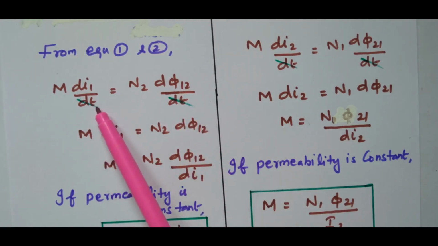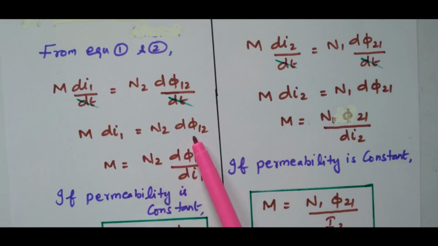This depends upon the current, this depends upon the flux. So dt got cancelled. M dI1 equals N2 dφ12. From that, M equals N2 dφ12 divided by dI1.